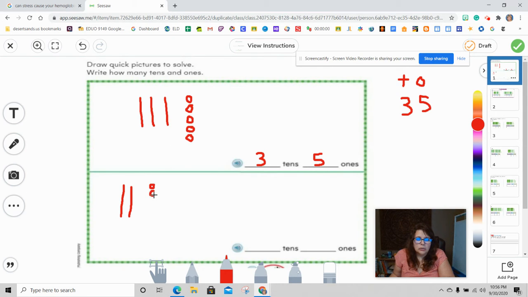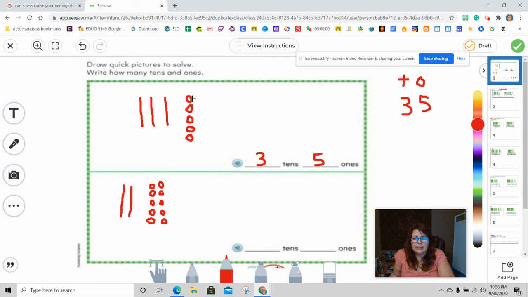One, two, three, four, five. Remember, we like them in groups of five. Six, seven, eight, nine, and 10. So now I have one group of 10, two groups of 10, and if I put them together, that's three groups of 10, which is the same as this, but it looks different.